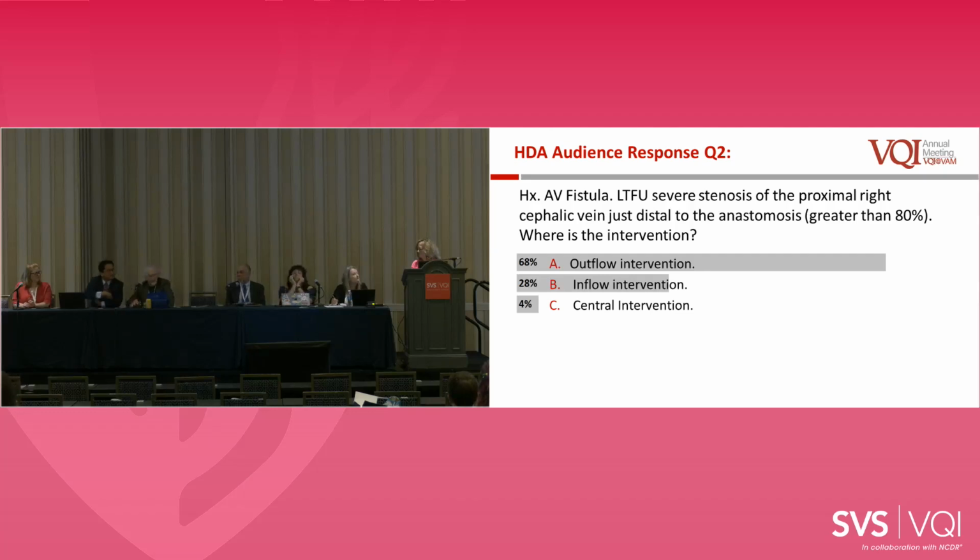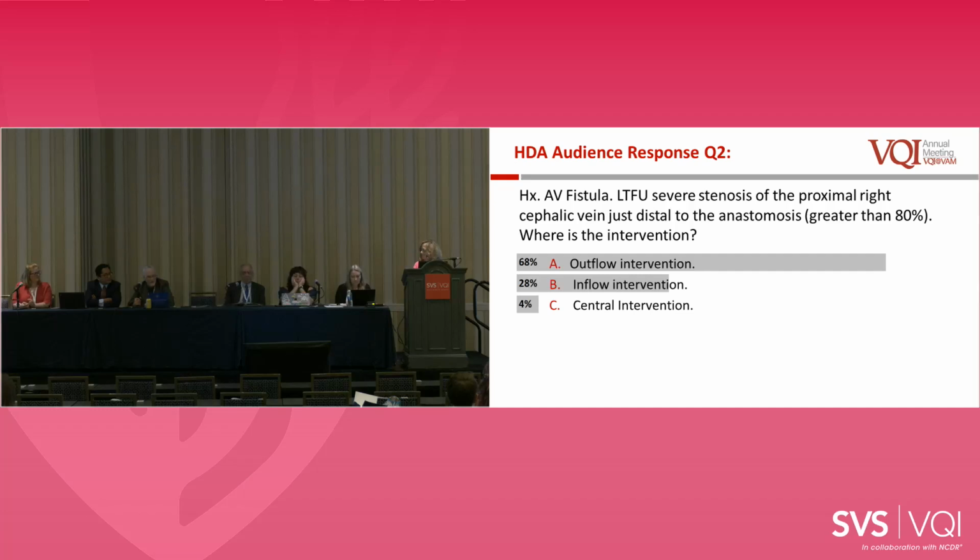Well, based on the fact that it indicates a proximal cephalic vein, it's actually beyond the arteriovenous anastomosis, or distal to that particular anastomosis. So the anastomosis is a center point based on this question.